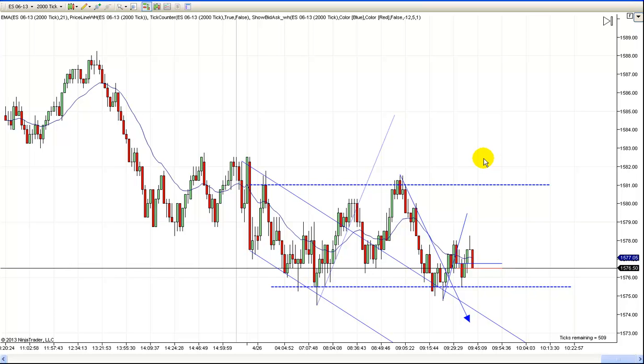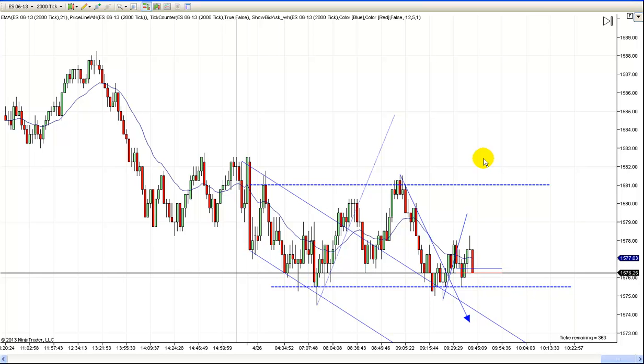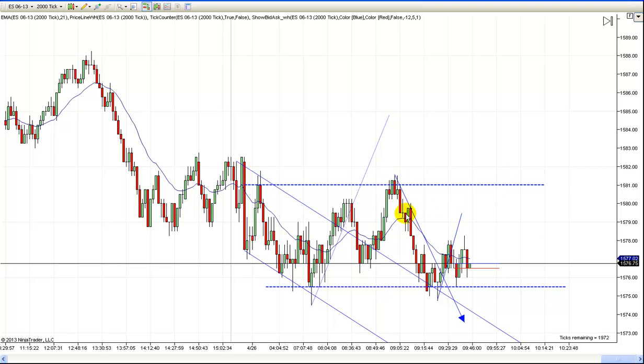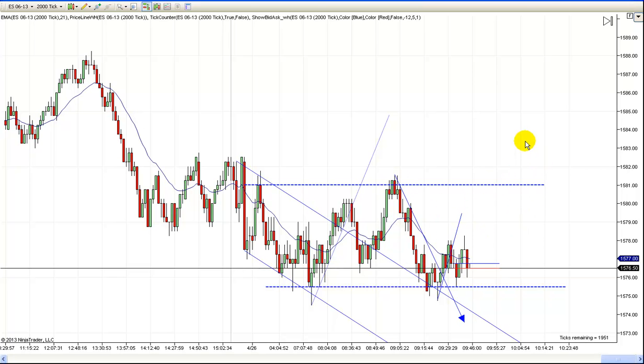Now, if it looks completely different, which it can because some data providers have horrible tick data, then you might want to be concerned. But if you've got about the same amount of bars and the patterns look the same, but just your bars are different, then don't be concerned. It's just the nature of tick charts.